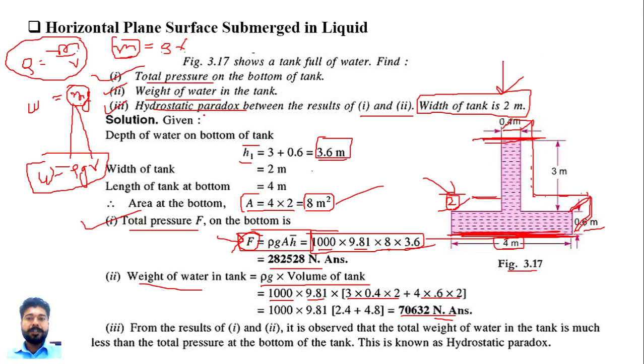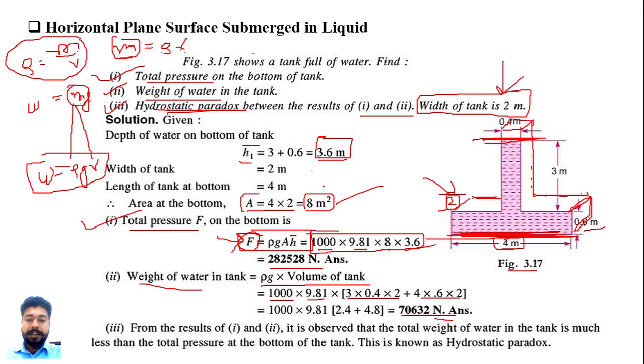What is the hydrostatic paradox? The hydrostatic paradox says that if you have different types of containers equally filled with the same fluid and connected from the bottom, then the fluid gains the shape of any container. That is the hydrostatic paradox.